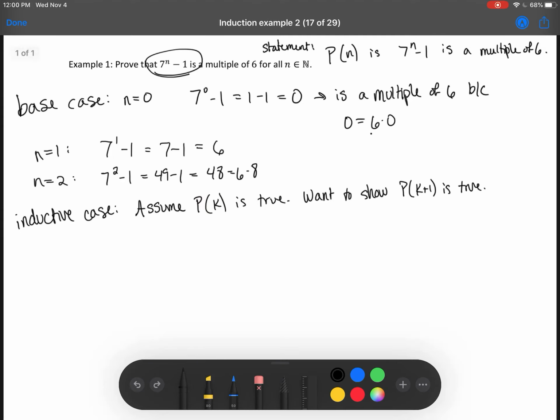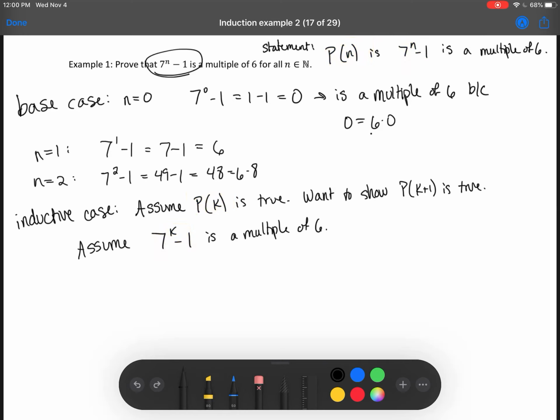When we assume that p of k is true, what does that mean? That means we get to assume that 7 to the power k minus 1 is a multiple of 6. Basically all we're doing is changing the n in our statement p of n into a k.